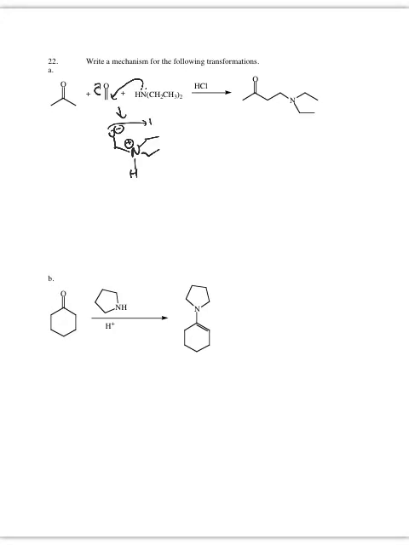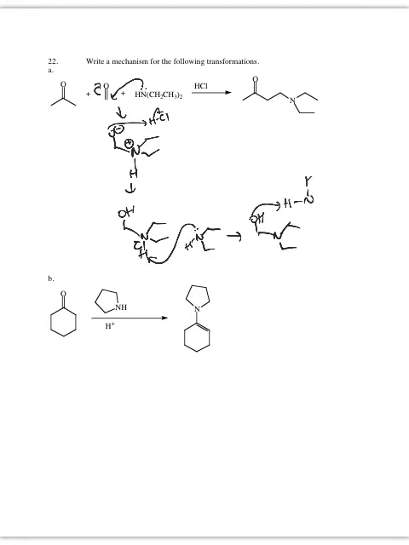This oxygen will go grab a hydrogen off of HCl to get here, then another equivalent of the diethylamine will come in and grab the hydrogen off of it to give us the neutral compound. We can put a hydrogen on the oxygen from our protonated diethylamine.